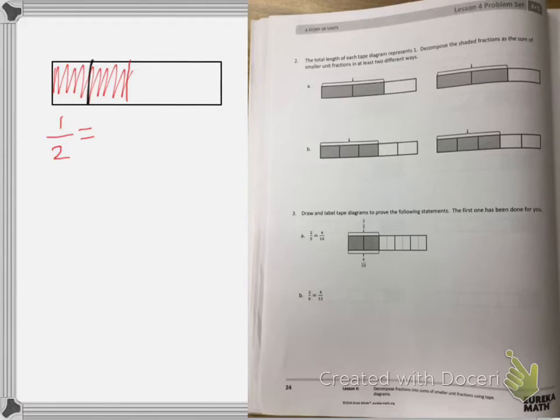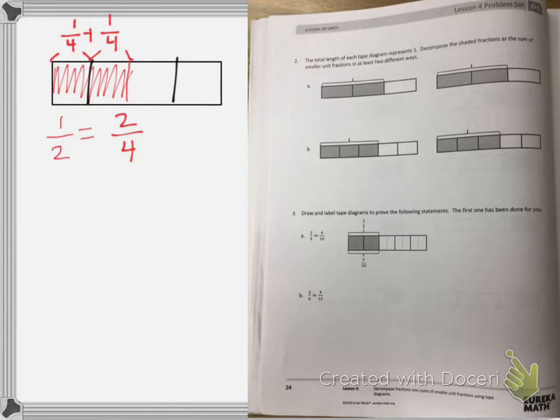I can break this down into smaller fractions, meaning that this 1/2 is not 1/2 any longer. Well, actually it is, but it's broken into fourths. Okay? And so we can say that it equals 2/4, but 1/2 and 2/4 is the same thing.